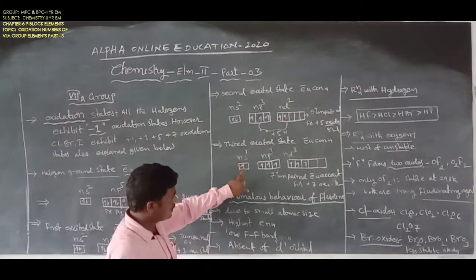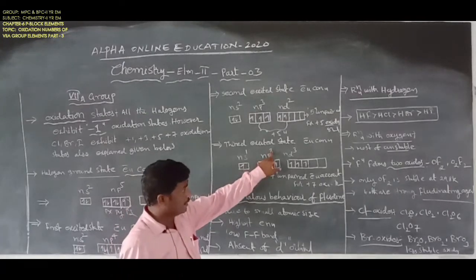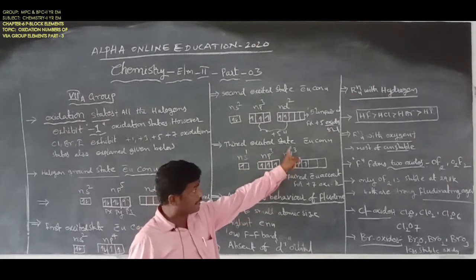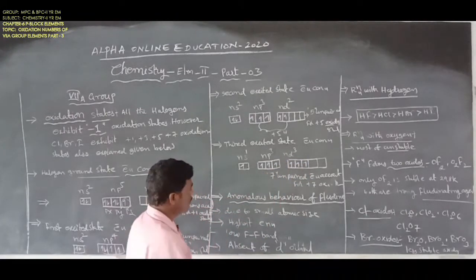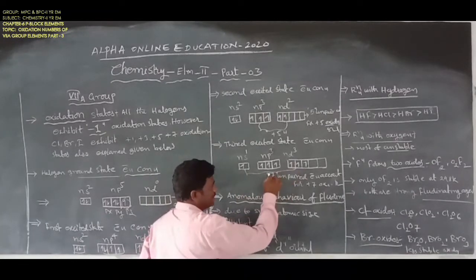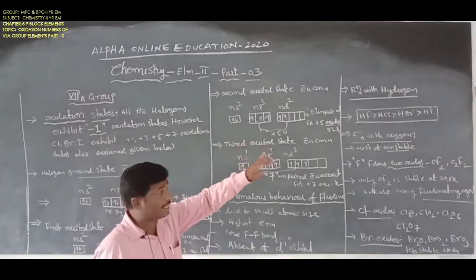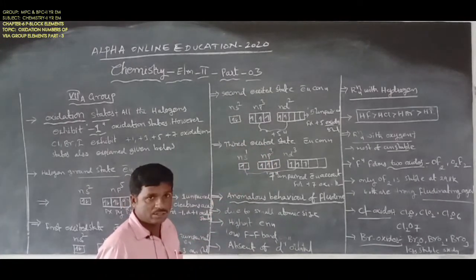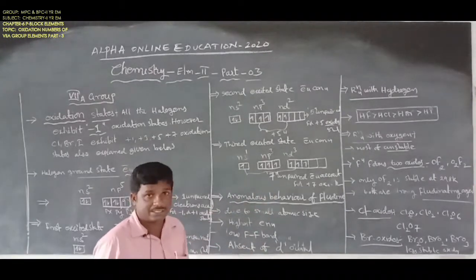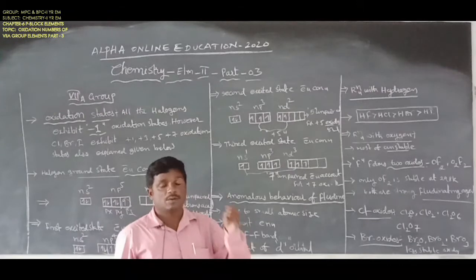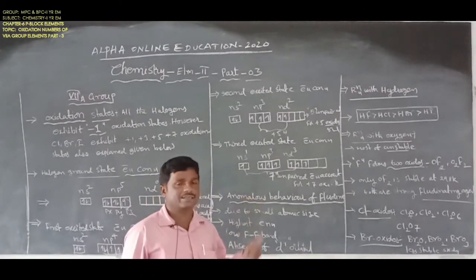So the s orbital has one unpaired electron, np3 has 3 unpaired electrons, and nd3 has 3 unpaired electrons. So the total number of unpaired electrons is 7 in the third excited state electron configuration of the halogen elements. So halogen elements have the +7 oxidation state due to the presence of 7 lone pair electrons in the third excited state electron configuration.